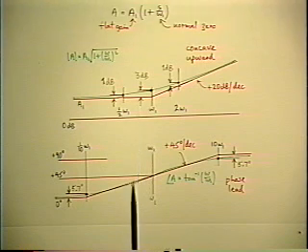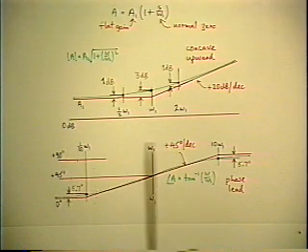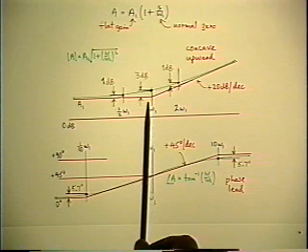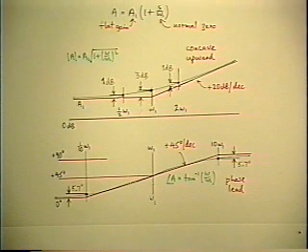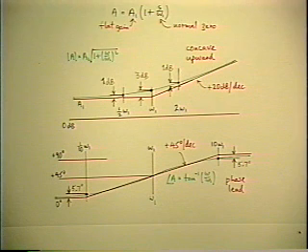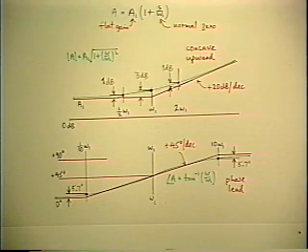So the bottom line of that comparison is the influence of the corner frequency extends a decade above and below the corner in the phase graph, and it only extends an octave above and below the corner in the magnitude graph. That's a useful thing to know, because what it tells you is that the phase is a more sensitive indicator of the presence of a nearby corner frequency than is the magnitude.